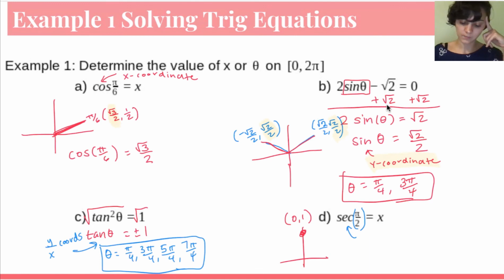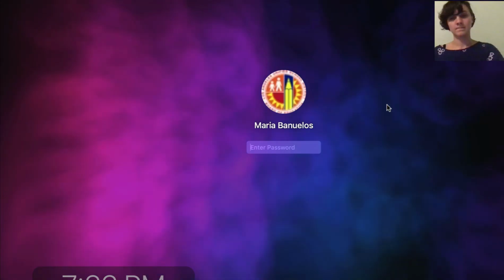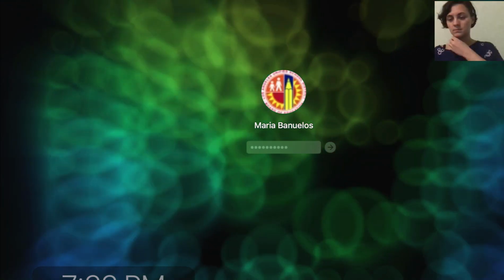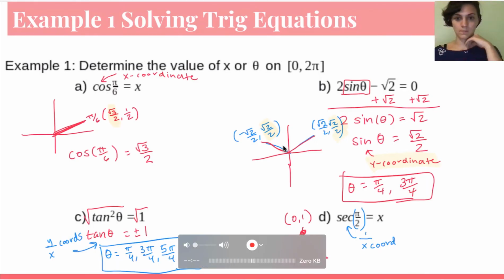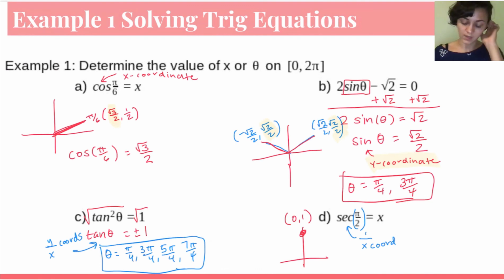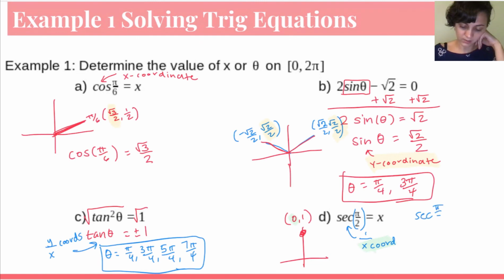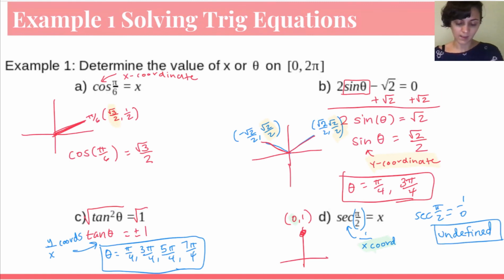Cosine is x, so secant is 1 over the x coordinate. My x coordinate in this case is 0, and so secant of pi over 2 will be 1 over 0. We can't divide by 0, so this is undefined. That answer is undefined.